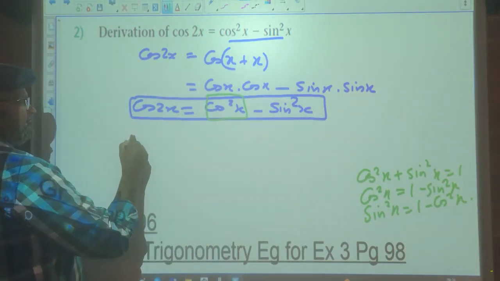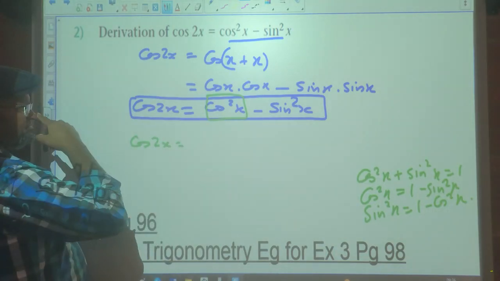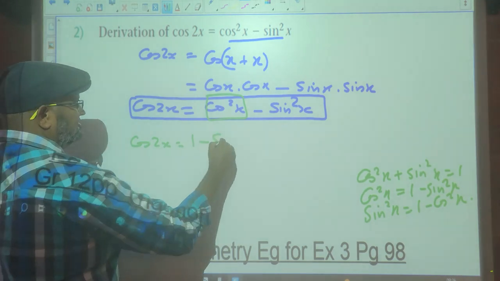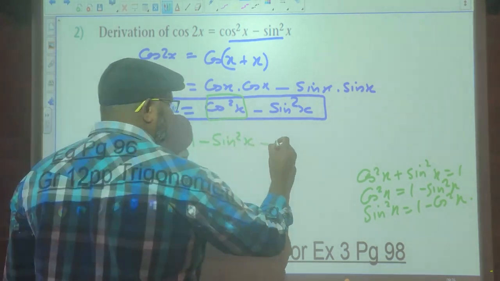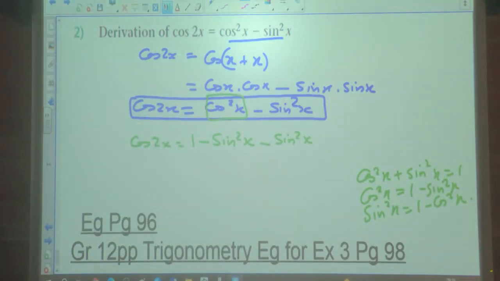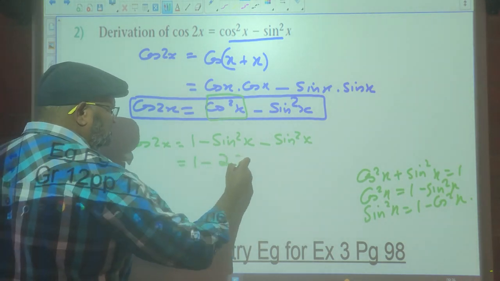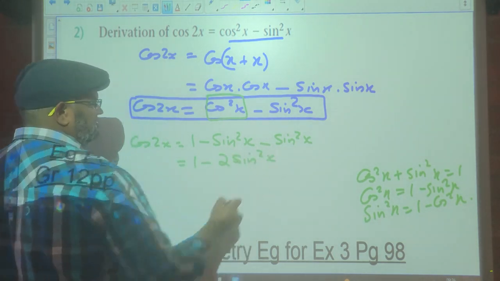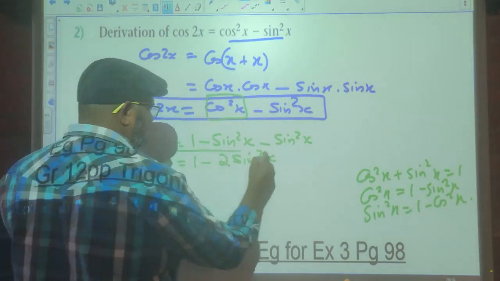Cos 2x is also equal to 1 minus sin squared x minus sin squared x. But what do we see now? Like terms again. So it's 1 minus 2 sin squared x. But that's now another formula.